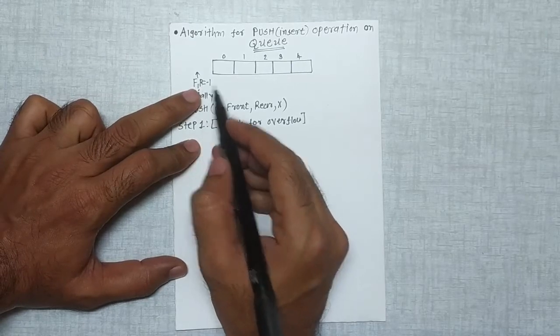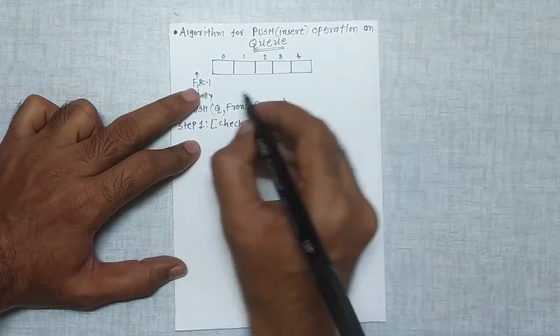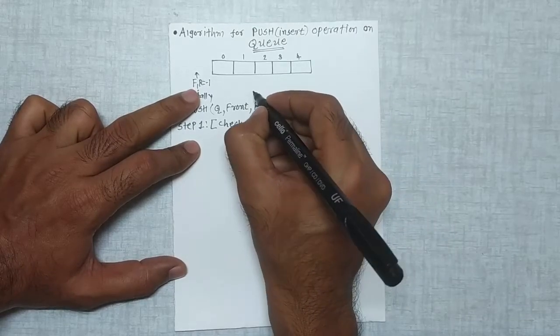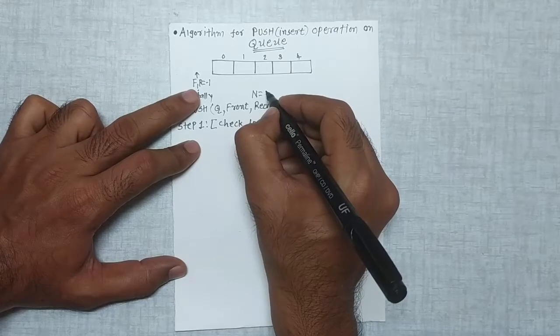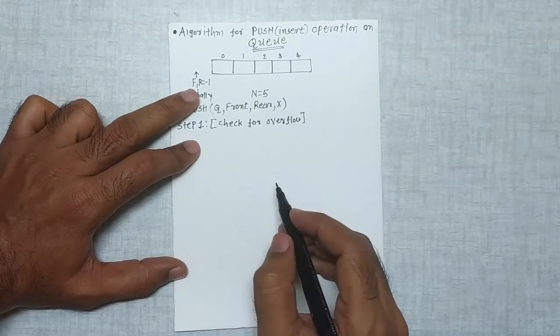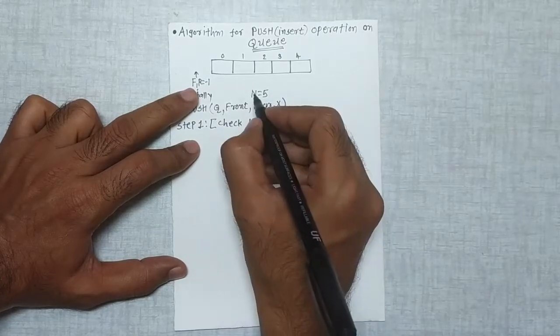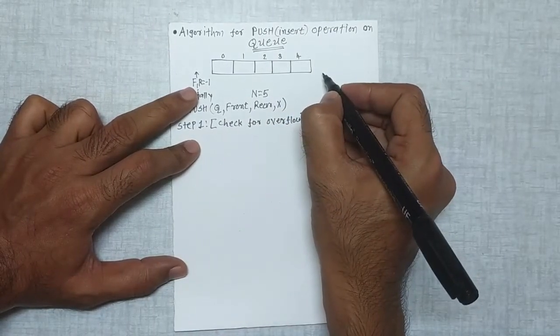If rear is pointing to 4, in this case we have taken size of q equal to 5, but the index goes up to 4. So if our rear is here, we cannot insert any other element.